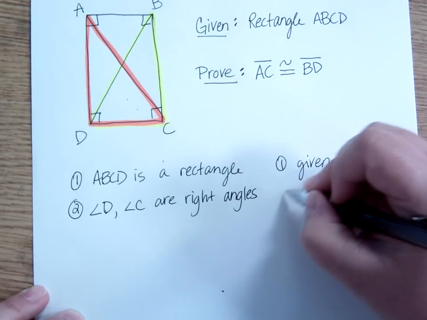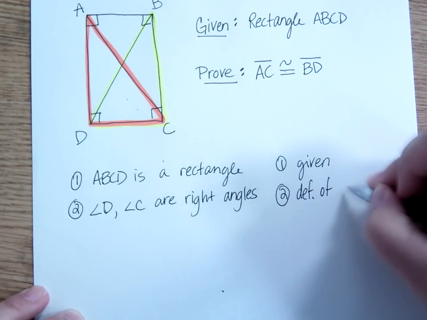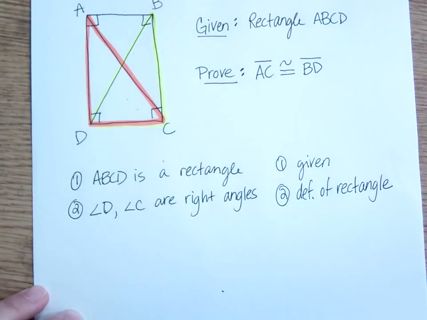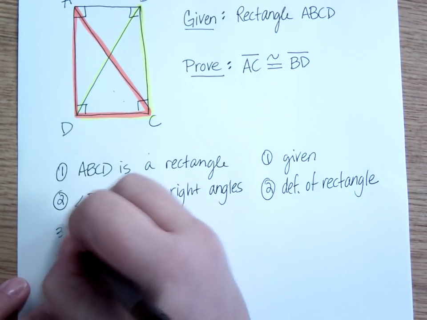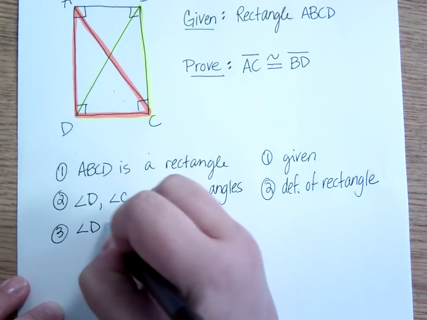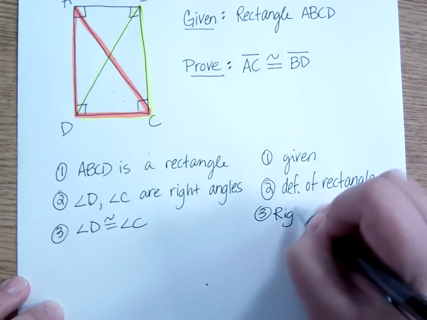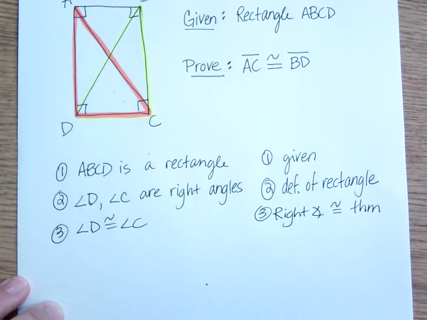And I'm going to say that by the definition of rectangle, because that's what defines a rectangle, is that I have a quadrilateral, a four-sided figure with four right angles. Now I'm going to say that means that D and C are congruent because of the right angle congruence theorem. That's the one that says all right angles are congruent.